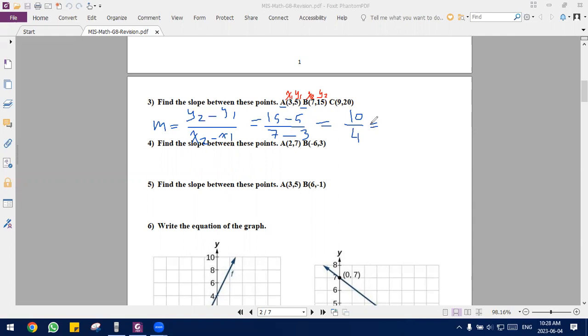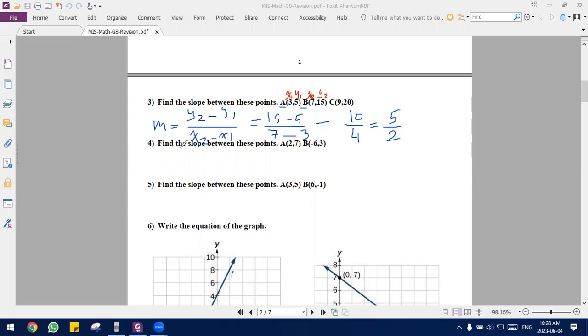Now always for the slope, we have to simplify it. So these two values can be divided by 2. So I can write it as 5 over 2. And that's it. This is the slope. Again, if you use the points, for example, C and A, you'll get the same value.